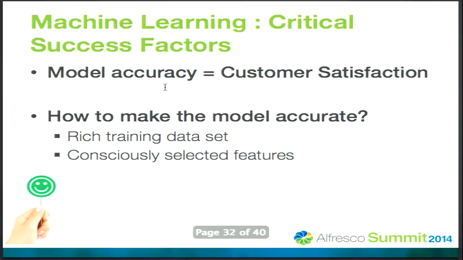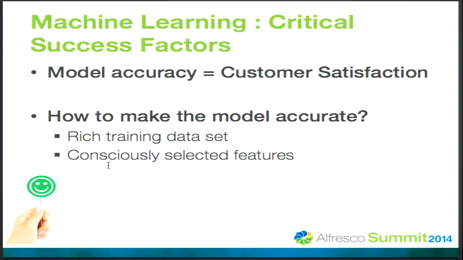So okay, now this is a very important slide because just by applying machine learning techniques, you can't gain a successful outcome if you don't consider these aspects. Basically, model accuracy is very important to get a good outcome from machine learning techniques, and customer satisfaction mainly depends on this.